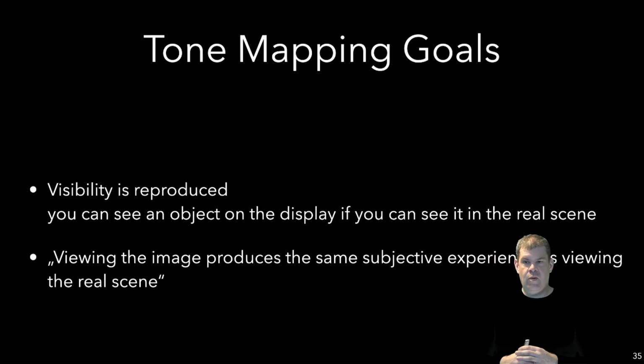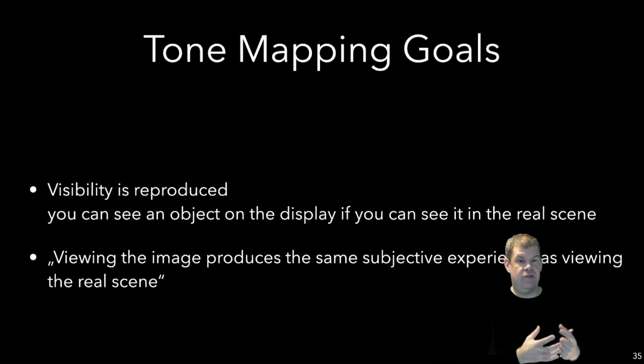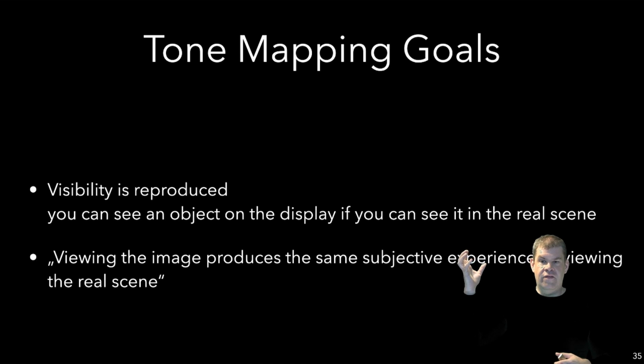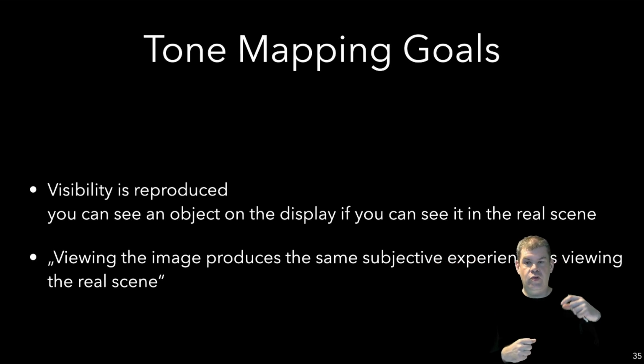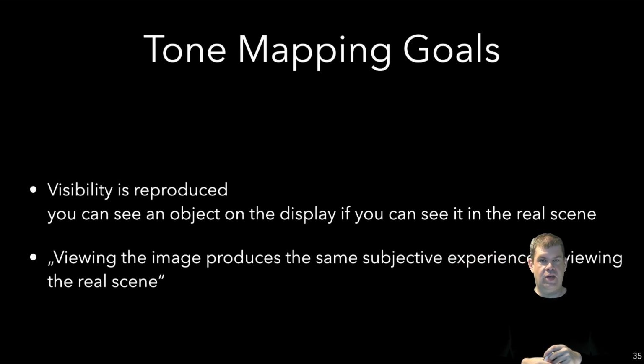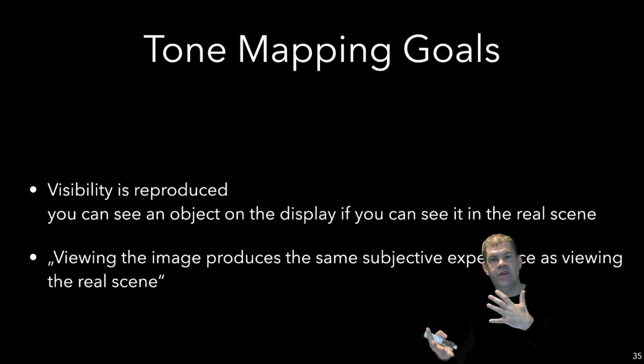But what we certainly want is visibility to be reproduced: a difference that was perceivable before should still be perceivable. And in most cases you have this idea that viewing the image should produce the same experience or sensation as viewing the real thing. Which is obviously ill-posed, because your monitor is not capable of displaying the real thing. But we want to somehow make it feel as if.